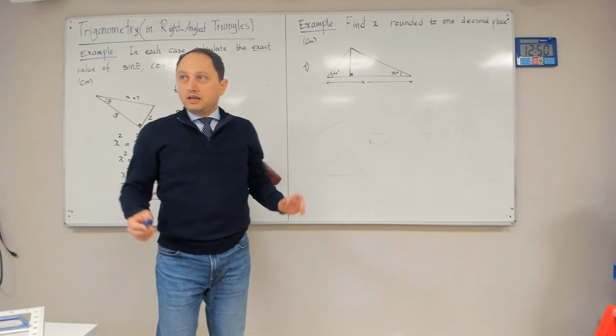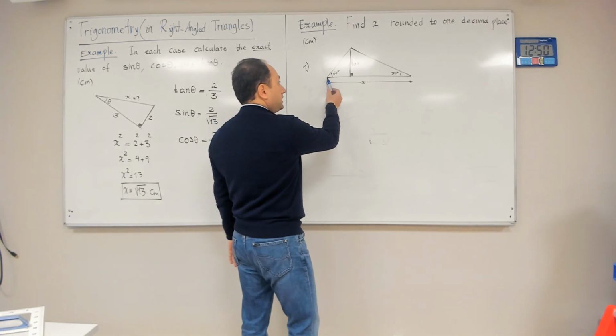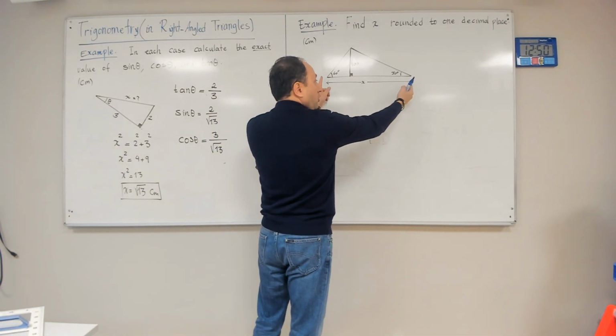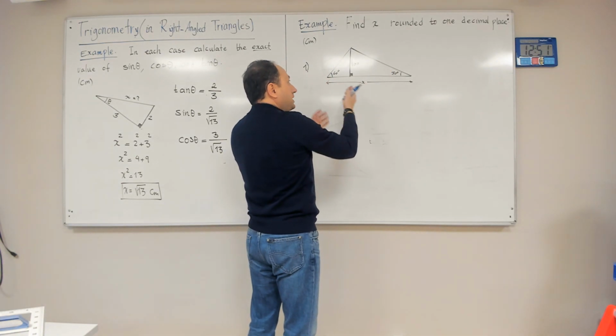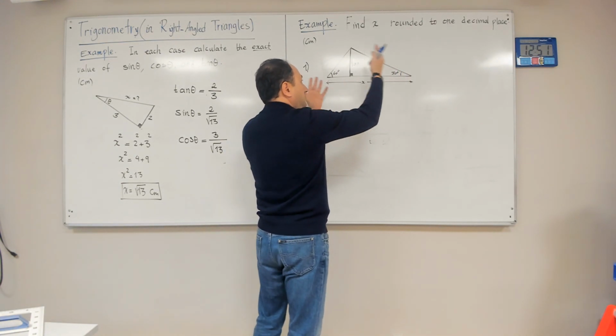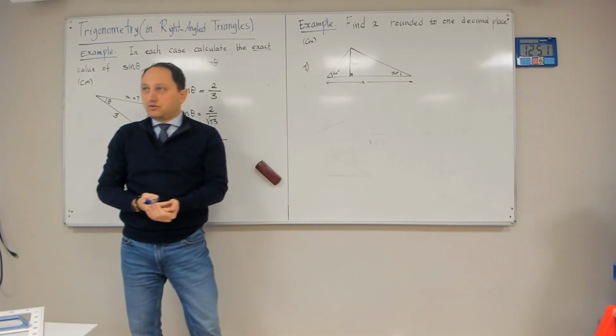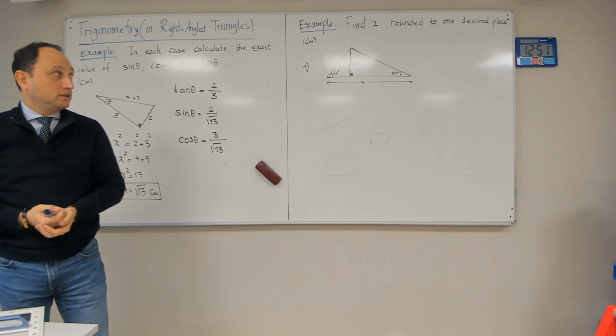Because x is the side of the bigger triangle, and I don't have any information that the bigger triangle is a right angle triangle, so I cannot do that.